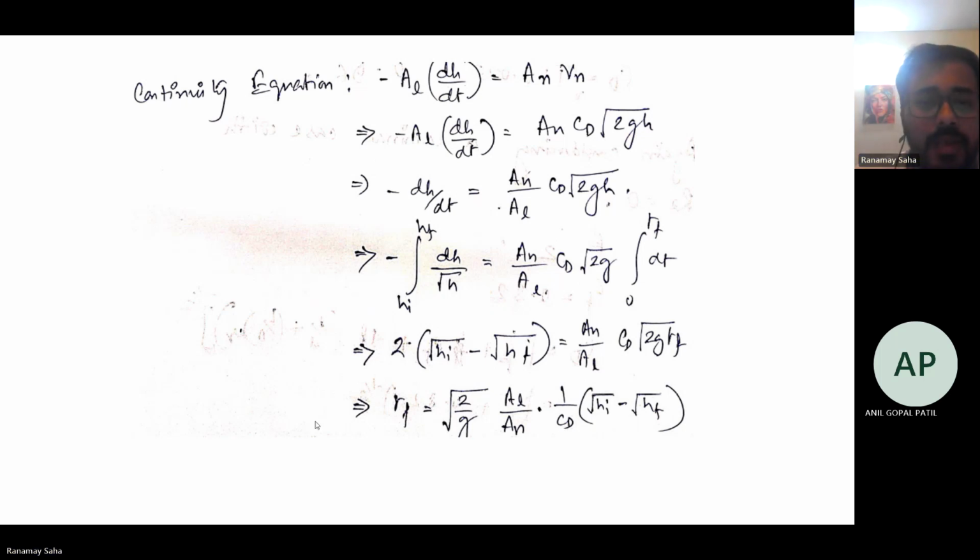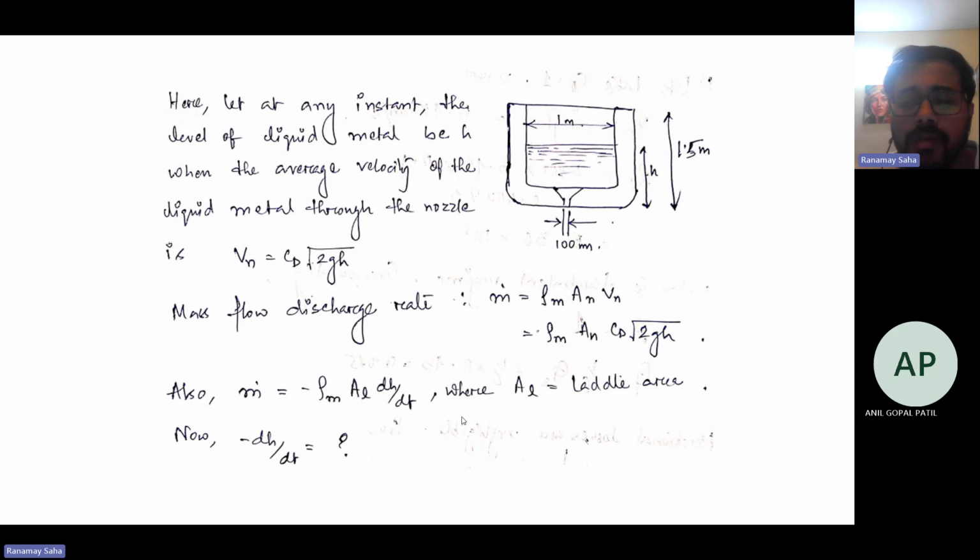Up to this, if it is clear, then now proceed to see whether frictional losses are happening. Only if frictional losses are happening will we consider friction, right?